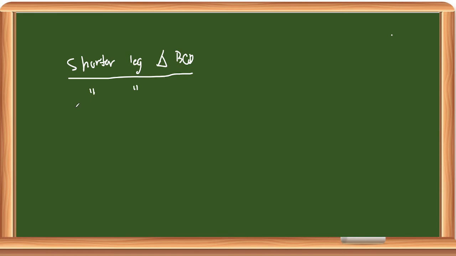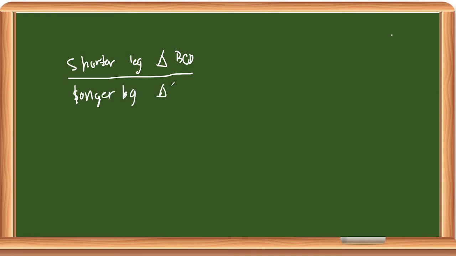No, pwedeng ganyan, or you can use the longer leg of the same triangle. Okay, let's use this way. Actually, whichever you do, ganun din ang magiging result eh. Dahil meron tayong mga properties ng proportion, di ba? Merong alteration, merong inverse, and so on and so forth. Now, let's try to get the ratio of the shorter leg and the longer leg.